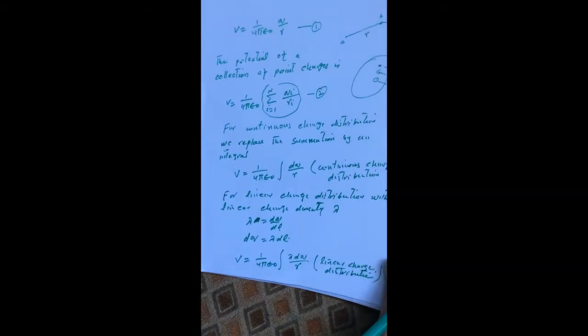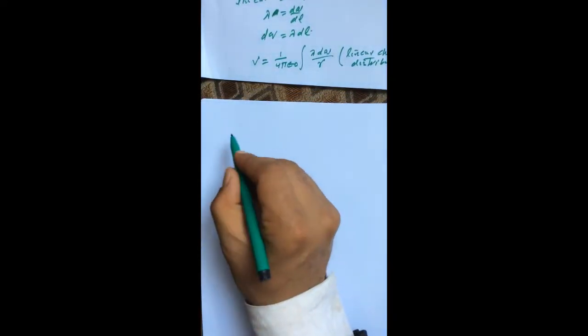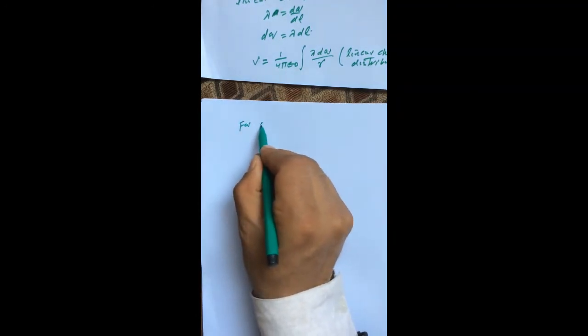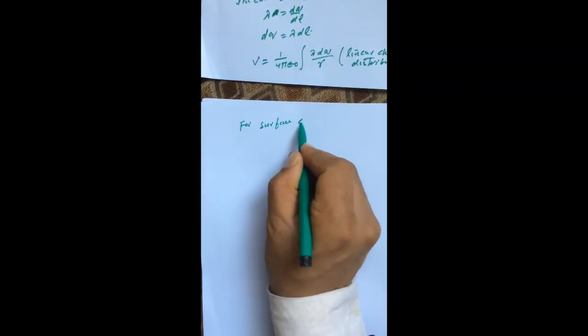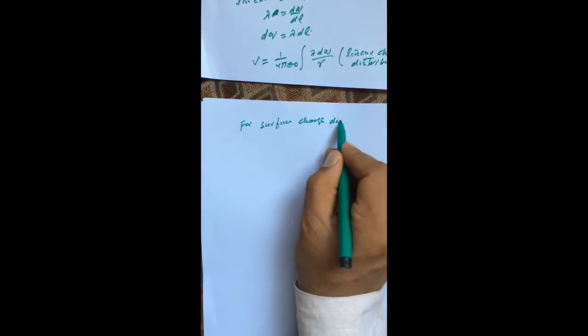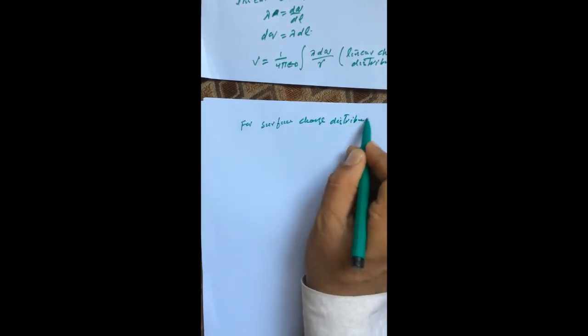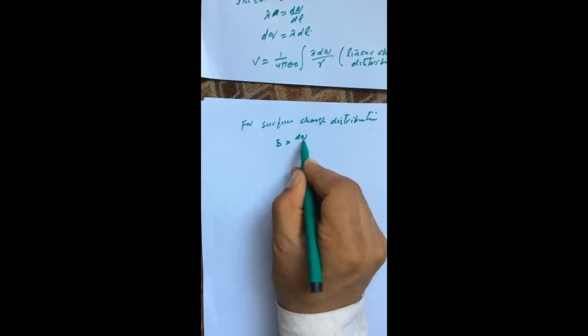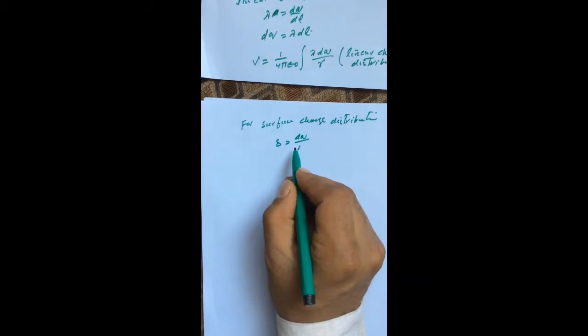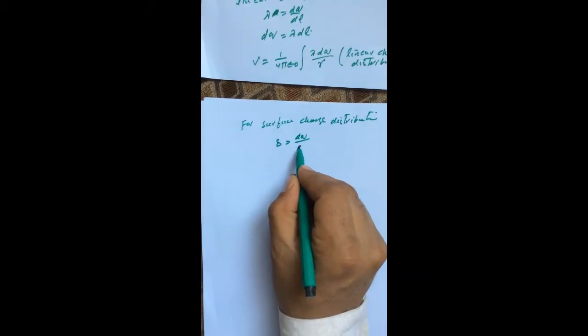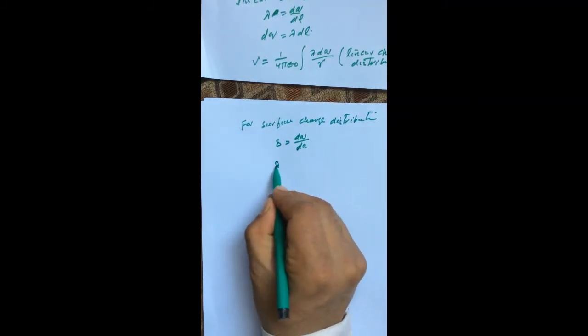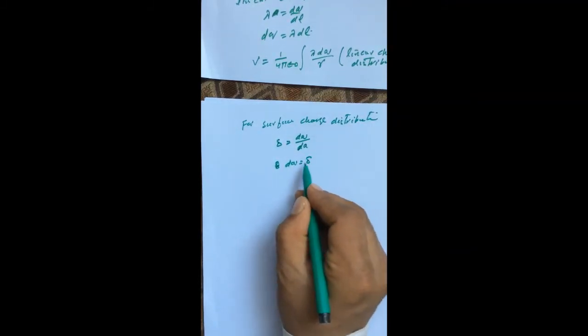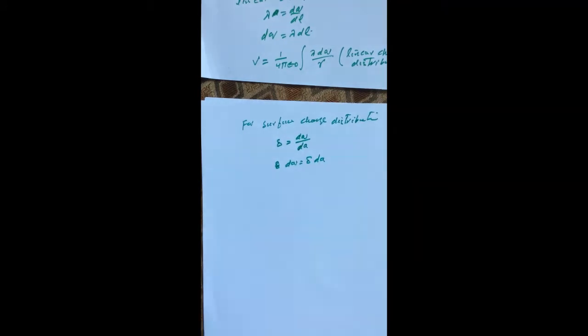Now if the charges are distributed over a surface, for surface charge distribution with surface charge density sigma, which is equal to charge per unit area dA, from this we get the charge dq, which is equal to surface charge density times area dA.